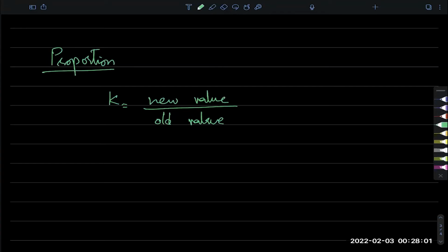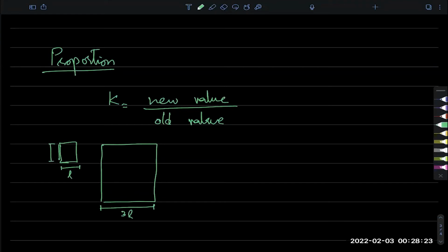For example, if I have a picture that I want to hang in my drawing room, and I want it to be 3 times the size of the original picture, then I have to see what this length is and this length. So if that length was L, this will be 3 times the length.